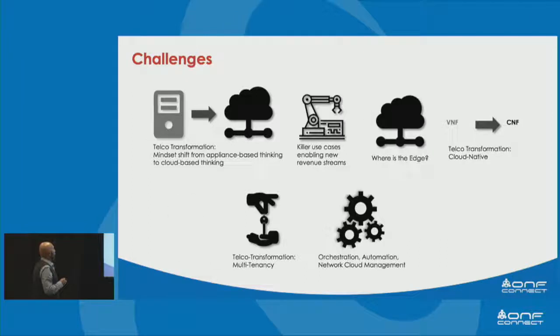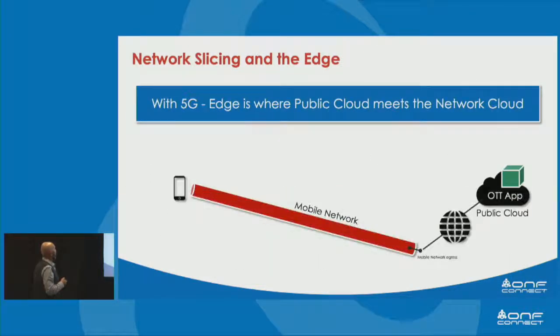I will actually go to my last slide. So this is tying this with the edge. Now we are starting to define the mobile network as the distributed network cloud, and we have a public cloud. So effectively, edge really is where public cloud meets the network cloud, would be my final description.